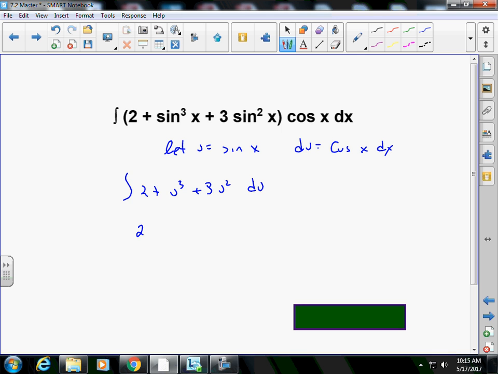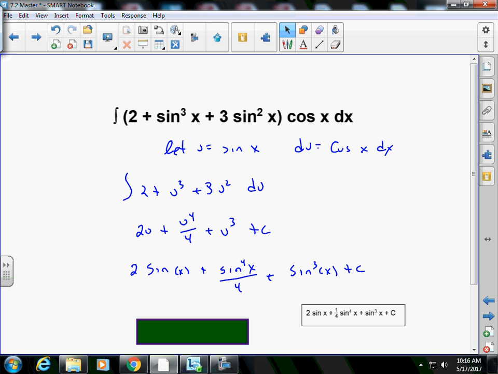That's an easy integration. 2u plus u to the 4th over 4 plus u cubed. Right? And then I'm going to substitute back, and I want about plus c. So 2 sine x plus sine to the 4th x over 4 plus sine cubed x plus a constant. Again, it's an indefinite integral.